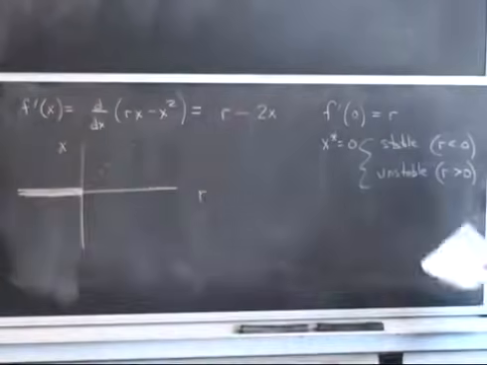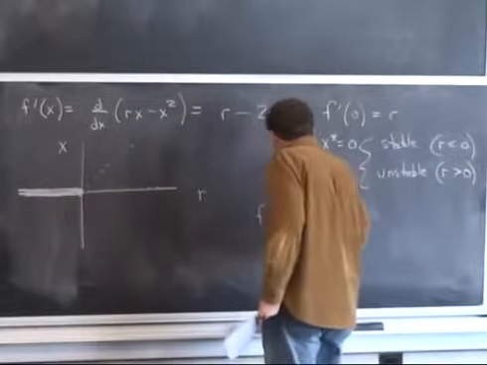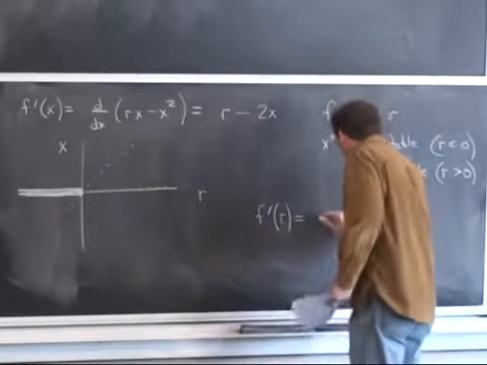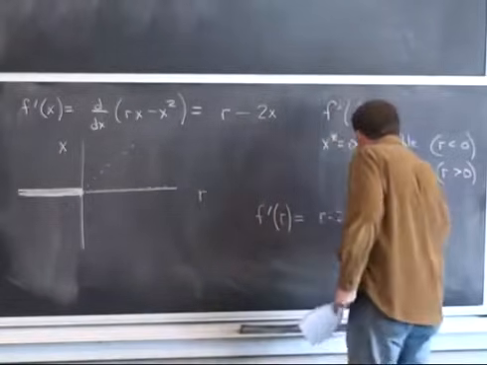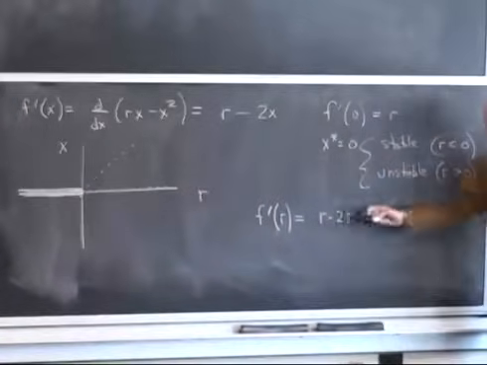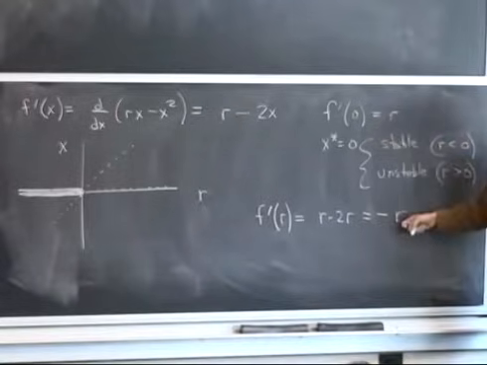And then we could also check the other fixed point for stability. f prime at r is going to be r minus 2r, which is negative r. It's interesting. Its f prime is the opposite of this f prime. So when this one is stable, this one is unstable, and vice versa.